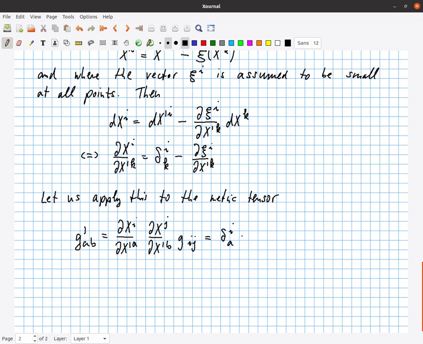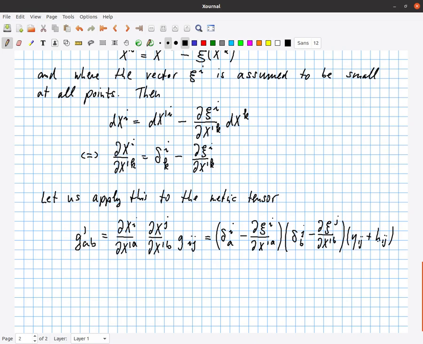Delta IA minus partial psi^I over partial x prime A, first term, second term, delta JB minus partial psi^J over partial x prime B, acting on eta ij plus h ij.